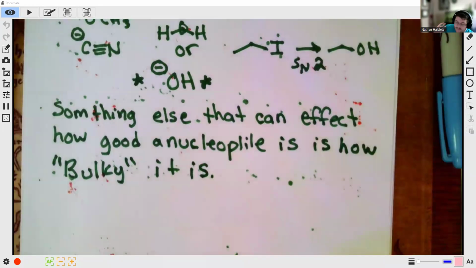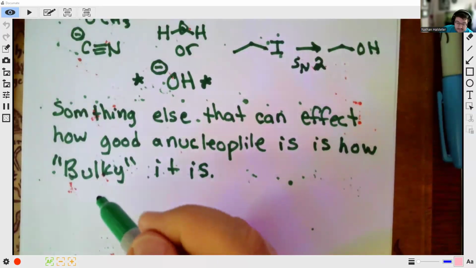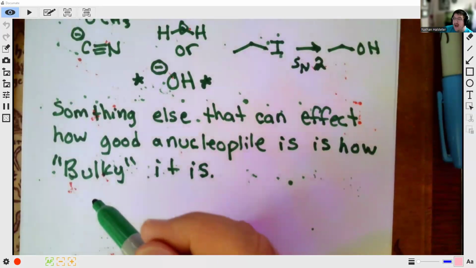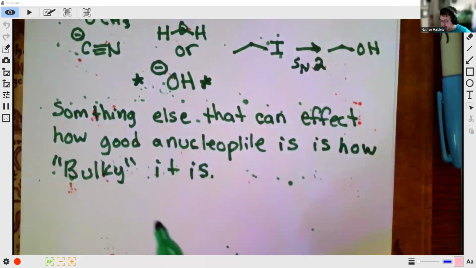So what the heck do I mean by bulk? We've talked about steric hindrance before. Remember our chairs? We want our large, bulky groups to be in the equatorial position to avoid steric hindrance. Well, if you have a nucleophile that's very bulky, it is not going to want to do that backside attack.